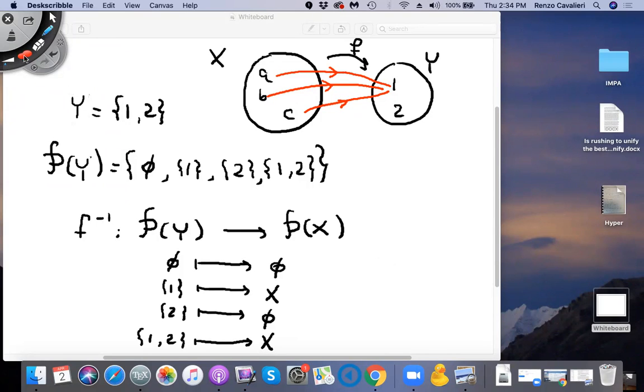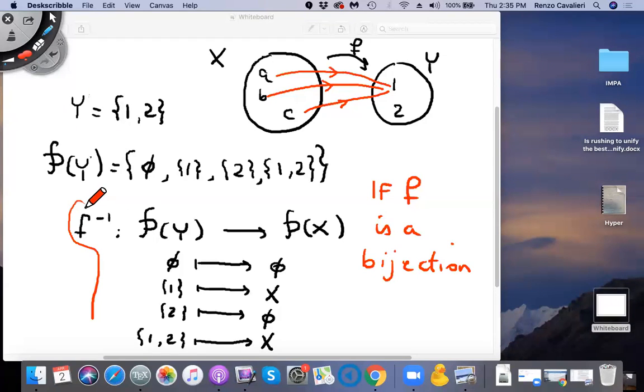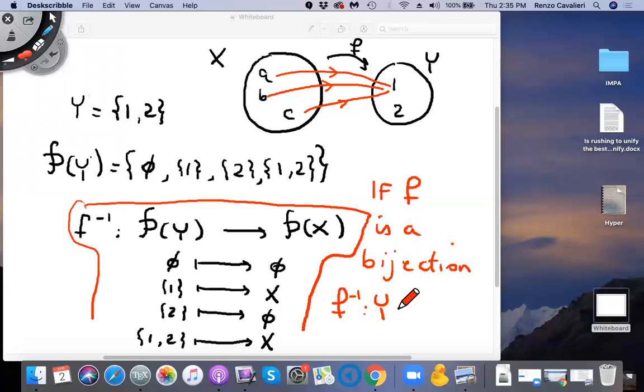So if F is a bijection, and only if F is a bijection, then when I look at this function F inverse from P of Y to P of X, and I just allow as inputs the single element subsets of Y, and I think of them as elements of Y, I get as output single element subsets of X, which I can think of as elements of X, and therefore I have what's called an inverse function from Y to X. It exists.